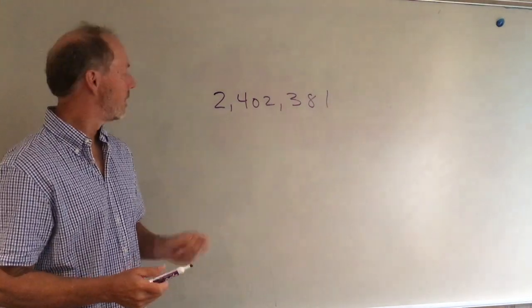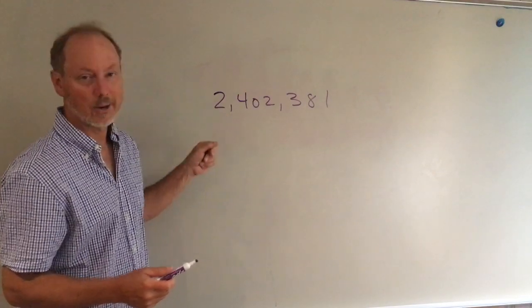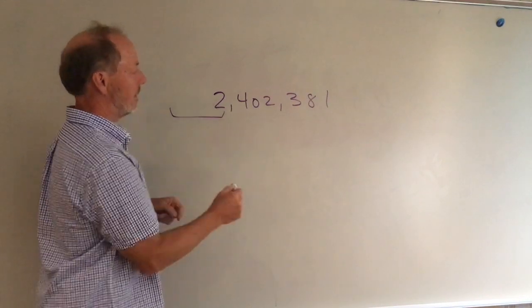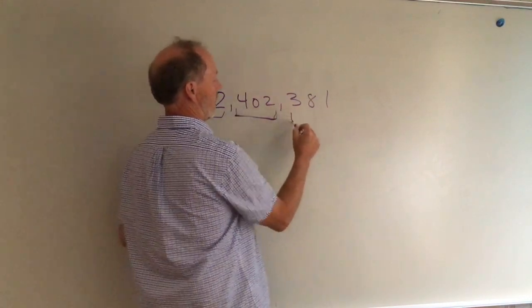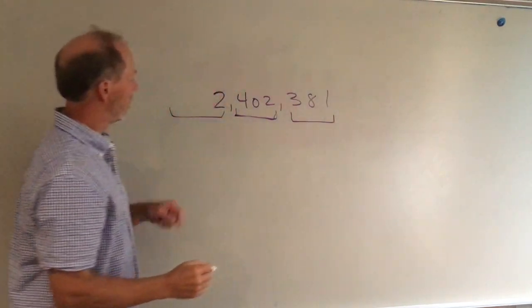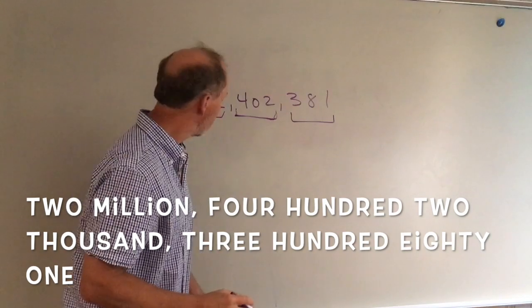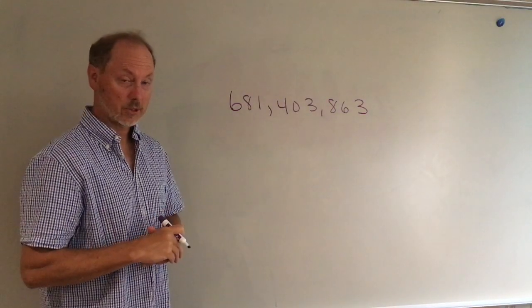Say it with me. 2 billion. No. 2 million. This is the millions period. 402,381. 2,402,381.